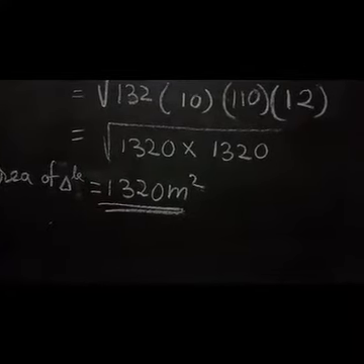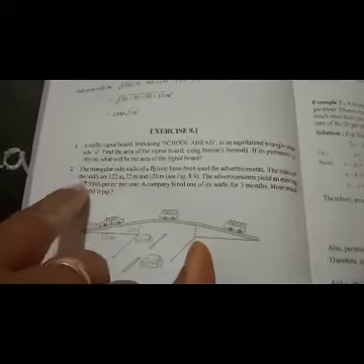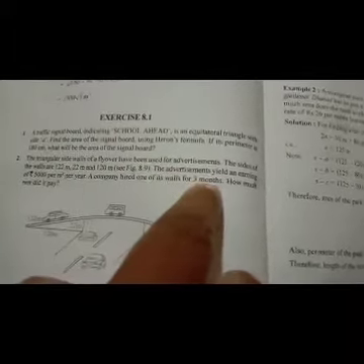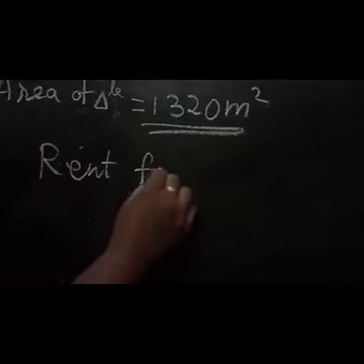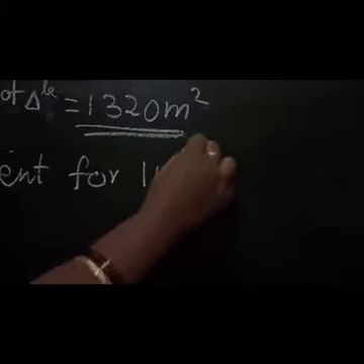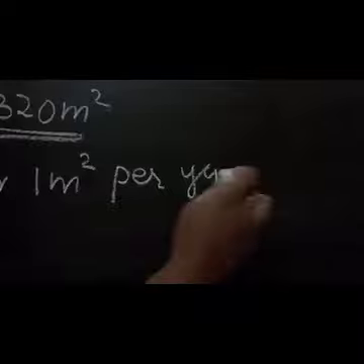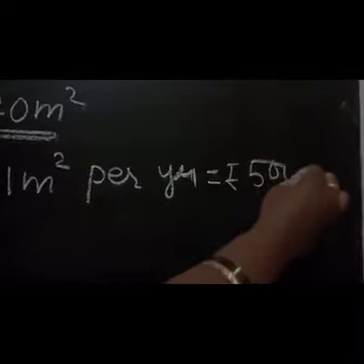Now they given in the question, rent for 1 meter square is rupees 5000 per year. So we have to calculate like this for 3 months. What is the rent we are giving? So rent for 1 meter square per year is rupees 5000.